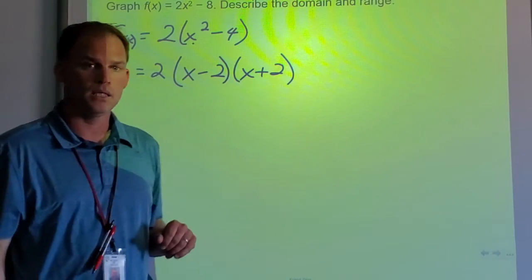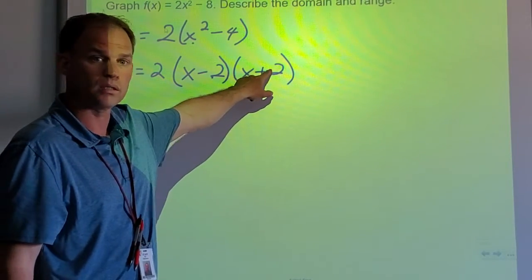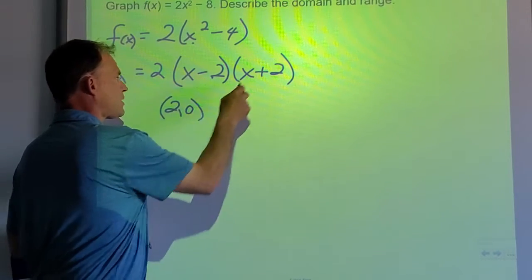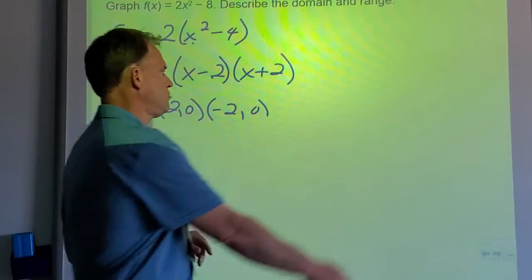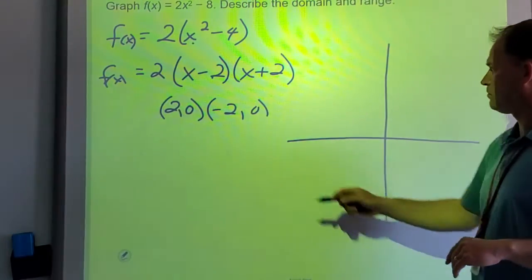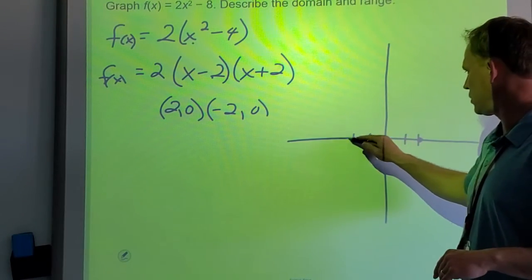What are the intercepts? Well, the opposite of what's in parentheses. So my x-intercepts are 2 and negative 2. All right, so now, 2 and negative 2. 2, 0, negative 2, 0.